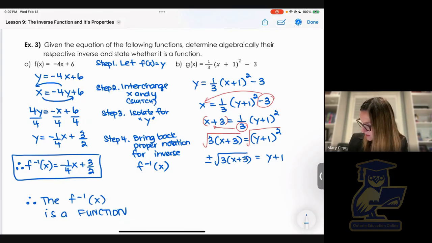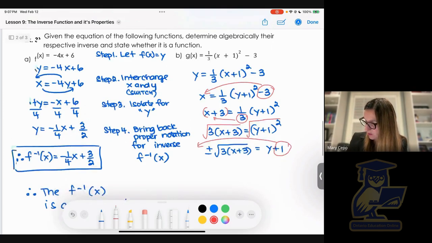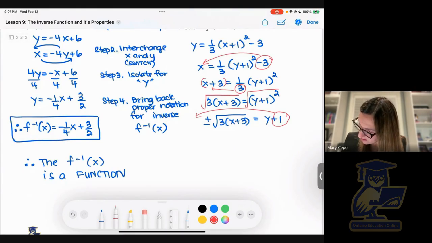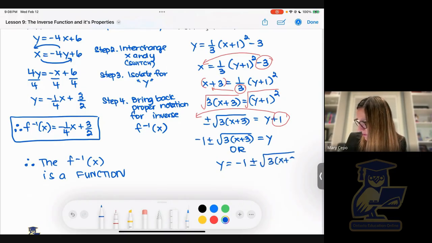Okay, we're still not done. We still need to get rid of that plus 1. So I'm going to bring that over. Remember, when you take it from one side of the equation to the other, this is going to be negative 1 plus or minus the square root of 3 times x plus 3 is equal to y, or y is equal to negative 1 plus or minus the square root of 3 bracket x plus 3.